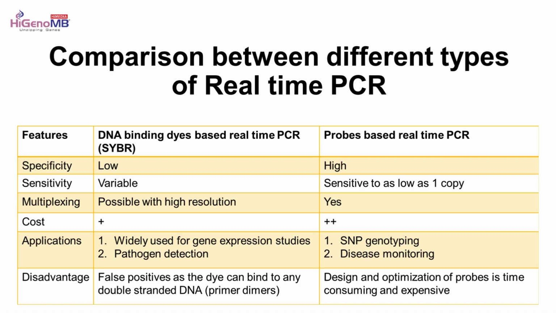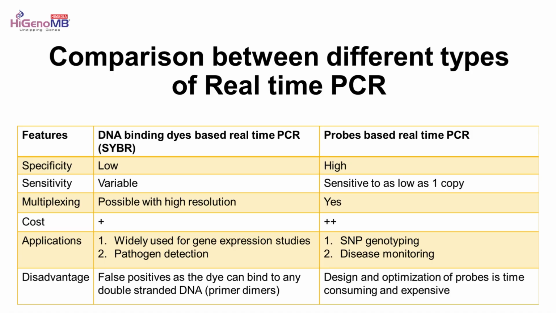And what about the sensitivity? Meaning, can I detect very low copy number of my target? Yes, that is possible when you use probe based real-time PCR, because you are using fluorophores here which are very sensitive and you can detect as low as 1 copy. Multiplexing, meaning in a single reaction, can I use multiple primers and detect multiple targets?